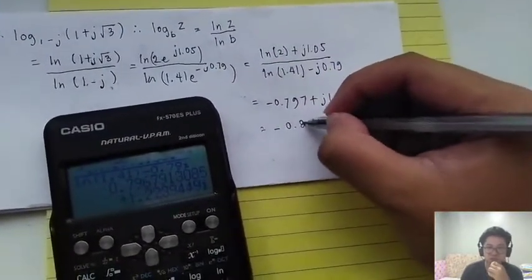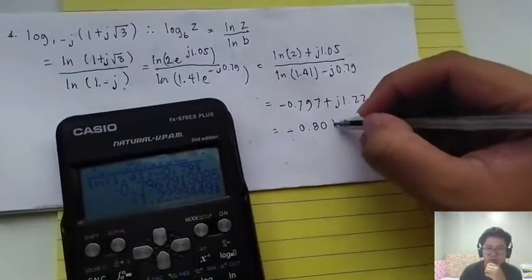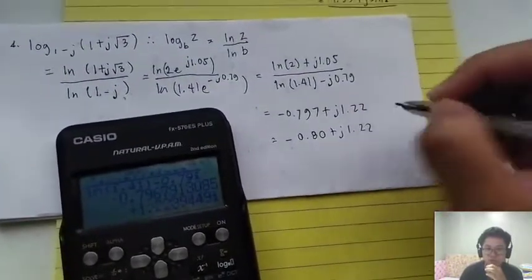Our final answer would be negative 0.8 plus j 1.22.